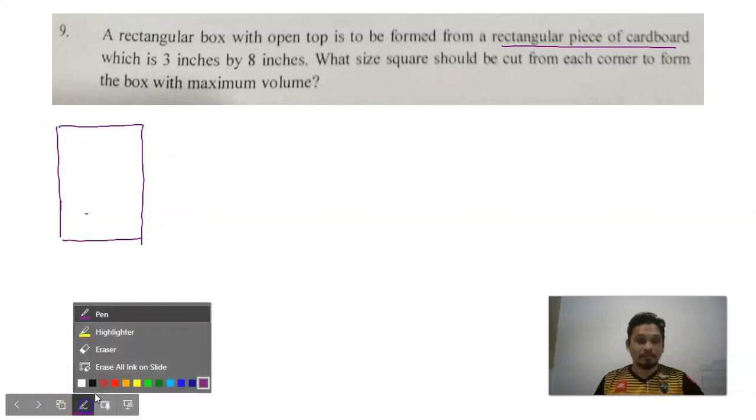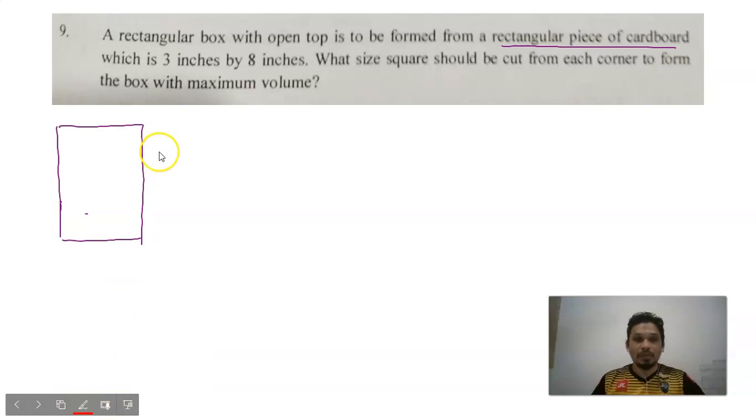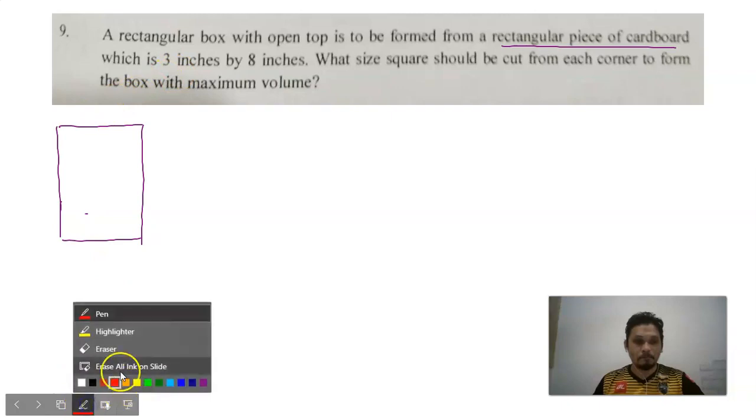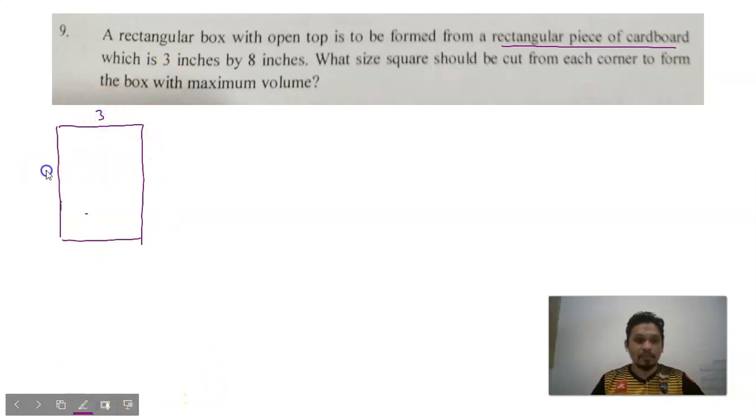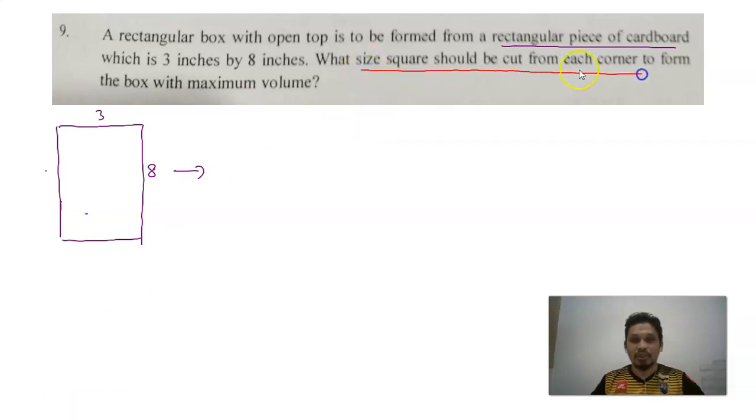And then, to make a rectangular box, open top, from 3 times 8 here, we need to cut what size square should be cut from each corner, meaning that, let's say we cut here x by x, and also here x, x, and x.